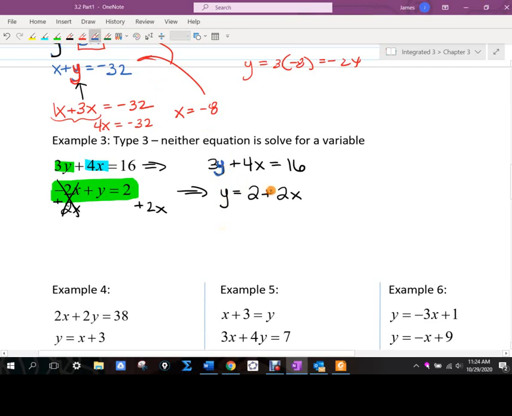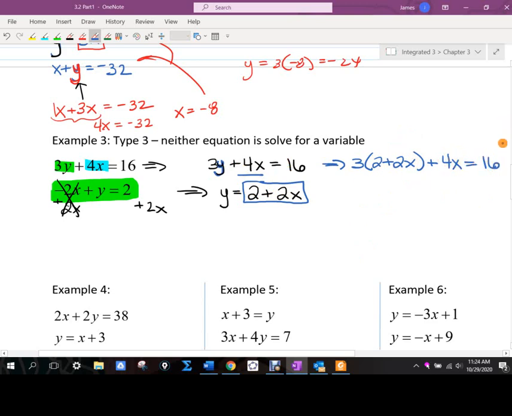Can I replace it with what we said y is down here? Does that make sense? So this top one is going to turn into 3 times, now y, which we said is 2 plus 2x, and then we still have this plus 4x in this equation, and we still have equals 16.